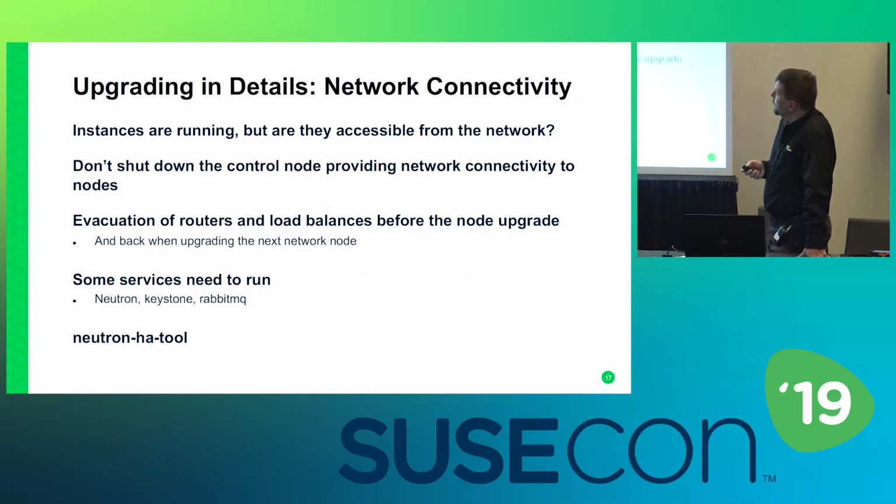Okay, so that's mostly about Nova. Well, not really. As I said before, the instances were running, but what about the network connectivity? The problem is if we would just shut down all the nodes in the control plane, we would lose the network connectivity.